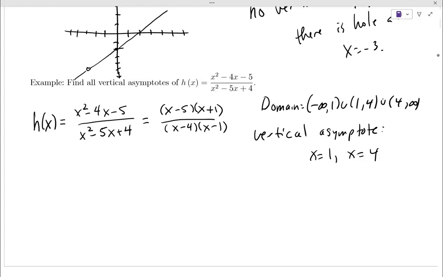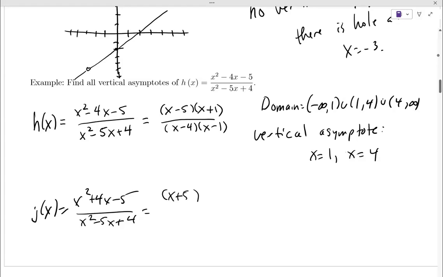What if instead of having a minus 4x on top, we would have had a function that looked like x squared plus 4x minus 5? Yeah, so notice in this case, you would have had x plus 5, x minus 1, right? It would have factored kind of the other way, if you will, right?